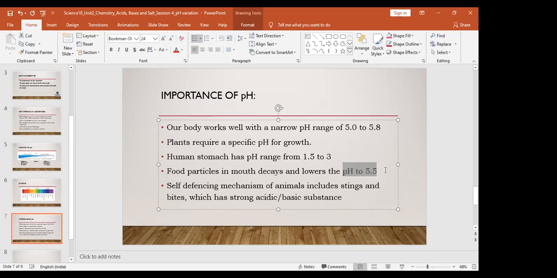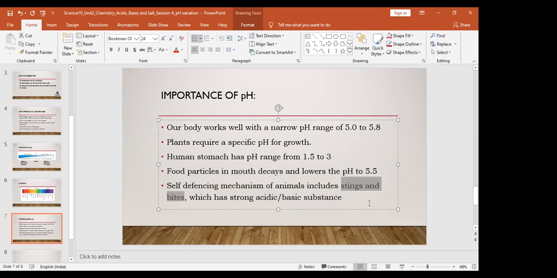The last one is the self-defense mechanism of animals, in which many animals sting or they bite. In both the cases, it is production of either a strong acid or a base.